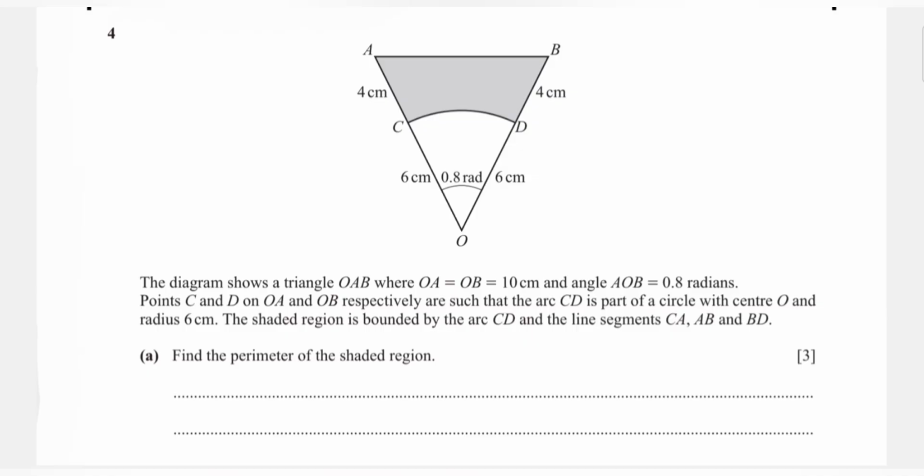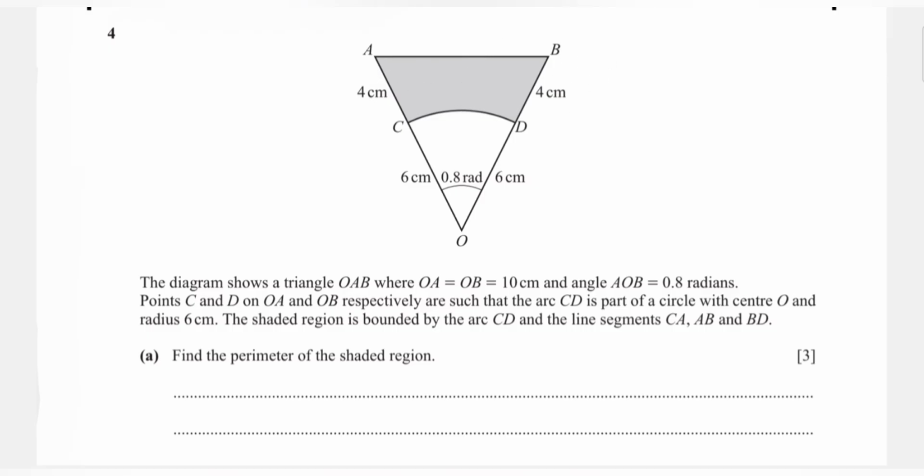In other words, we're being asked to find the distance right around the shaded region, which is our DC, CA, AB, and BD. And AC is 4 and BD is also 4, so we're only left with finding CD and AB.